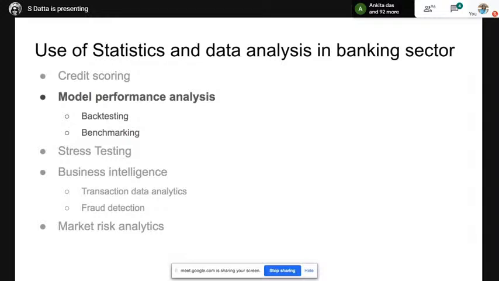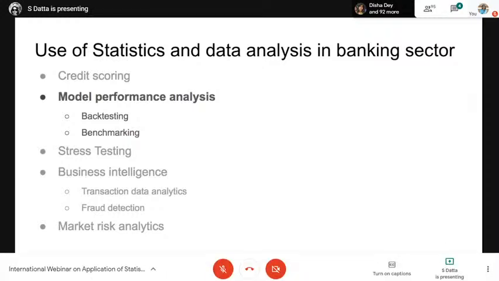Benchmarking is really looking at one model, comparing it with another, and seeing if you're satisfied with the kind of model you have. And then backtesting is trying to see how your model performs. There's an analysis called realized versus predicted.